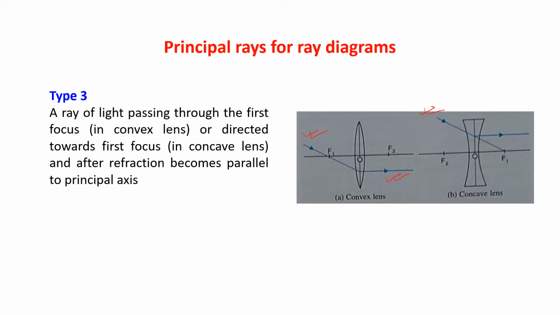You can see this is going parallel to the principal axis. Here also it is going parallel to the principal axis. Now, just extend this line, you can see that this is coming from the first focus. So that is why it is said directed towards the first focus. These are the three main rays which are considered for the formation of an image.